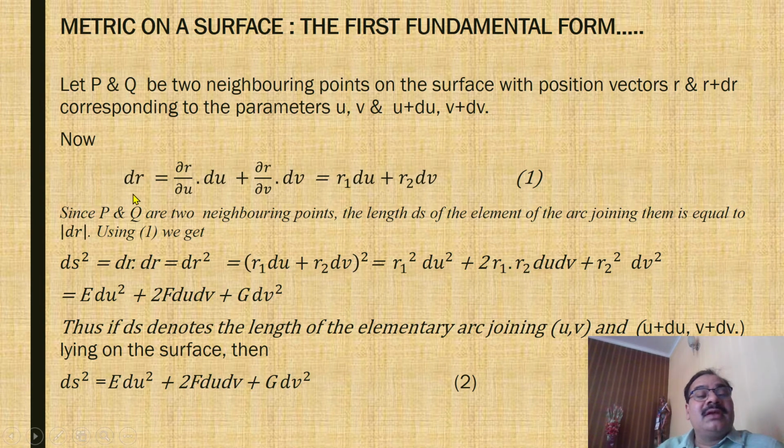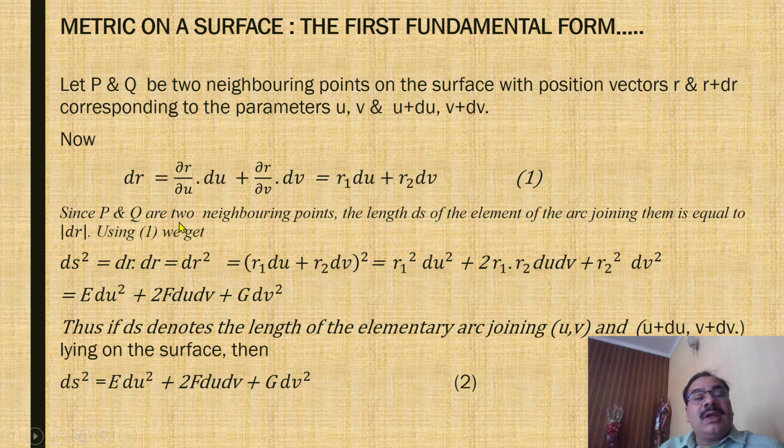Then we may re-express this as dr = ∂r/∂u du + ∂r/∂v dv, which may be expressed as r1 du + r2 dv. We may treat this as equation number 1.